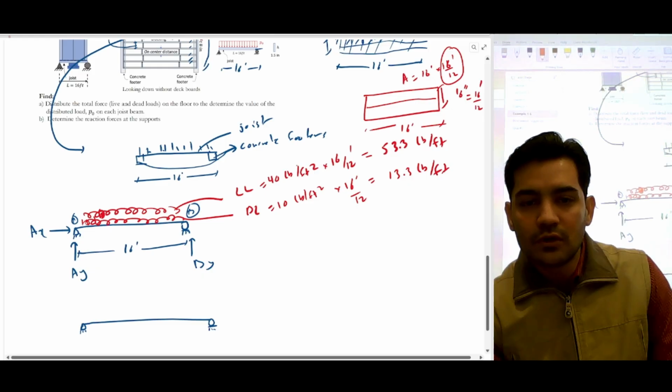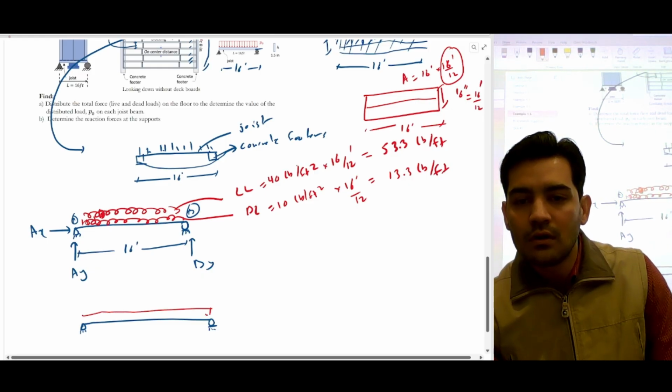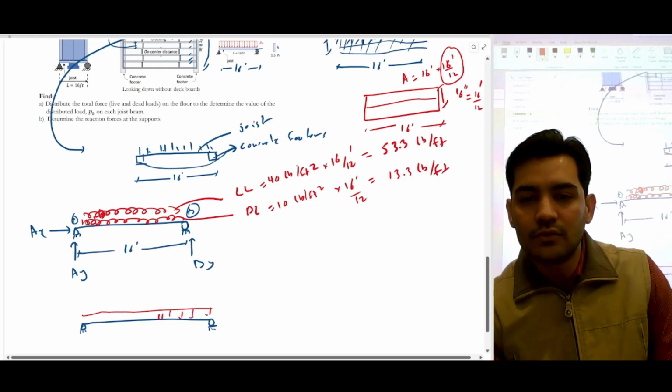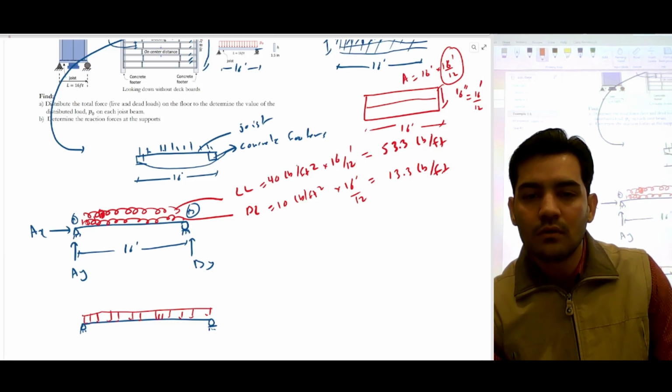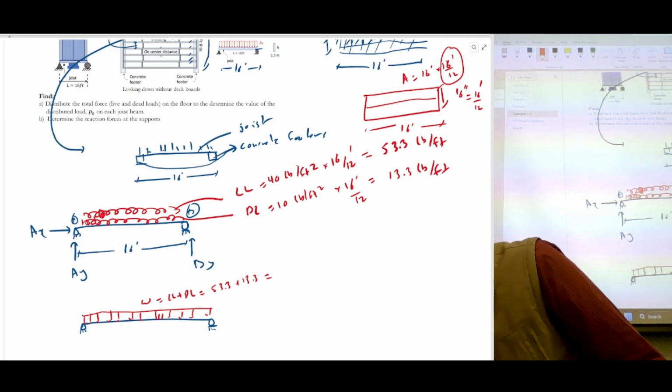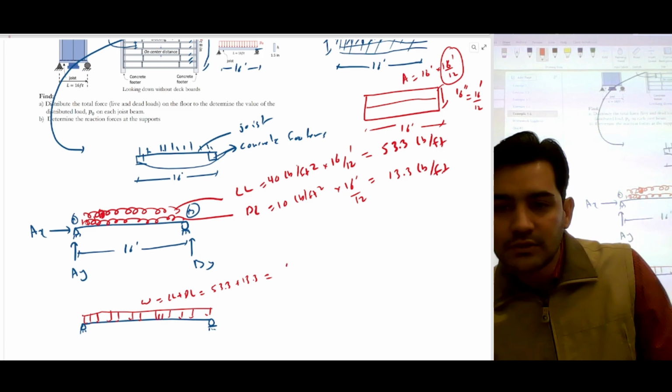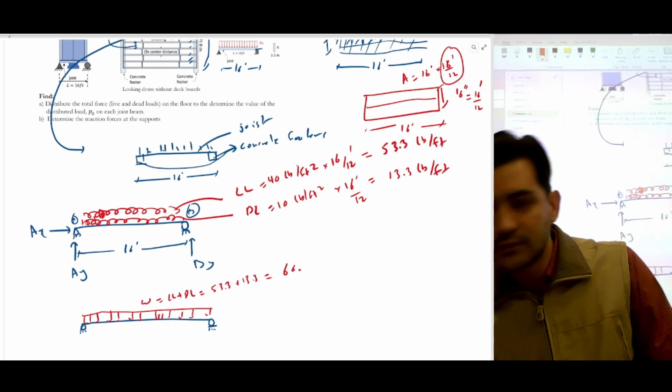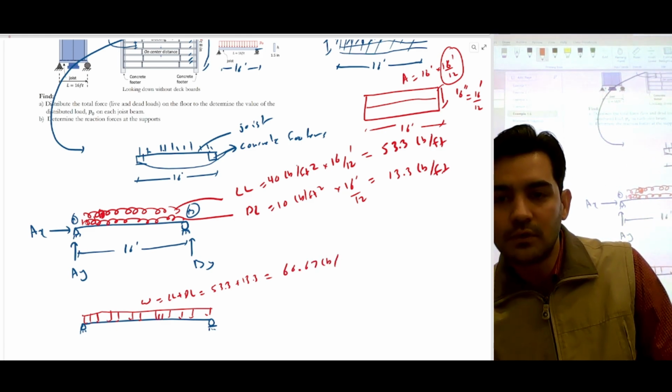So we have calculated now the total load. The total load, let's call it W, is live load plus dead load, which is 53.3 plus 13.3, which comes out to be 66.67 pound per feet.